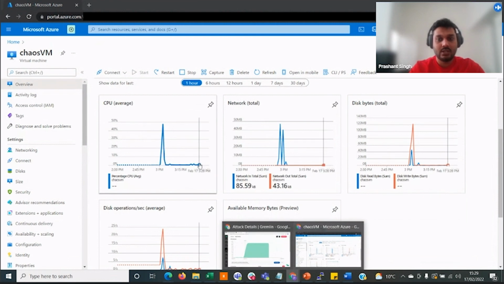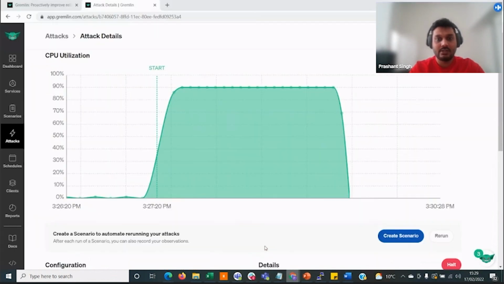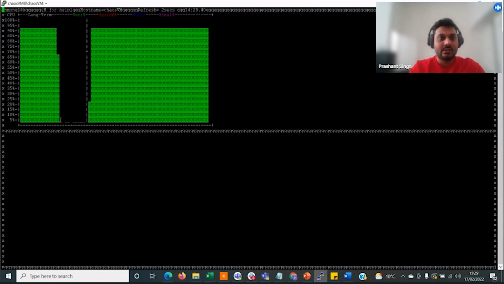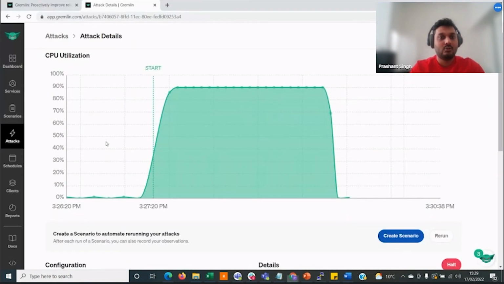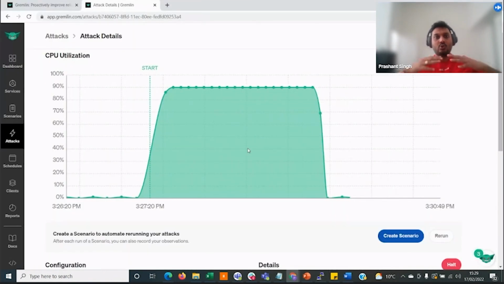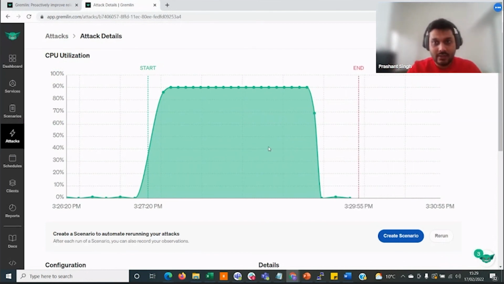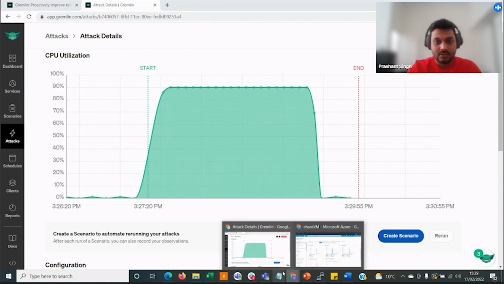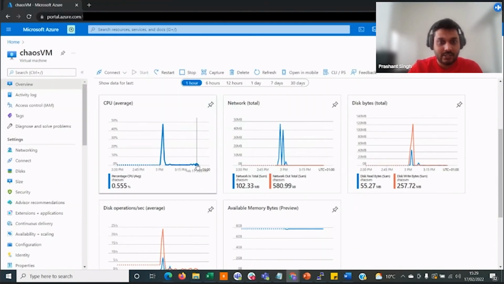Now it's 3:28. Our test started at 3:28, and the test has already stopped because 2 minutes passed. And if I go to my tool, I see it is now clearing up because there is 0% load. So basically, those 2 minutes with 90% CPU utilization have passed, but our beloved Azure Monitor is still not showing any spike.